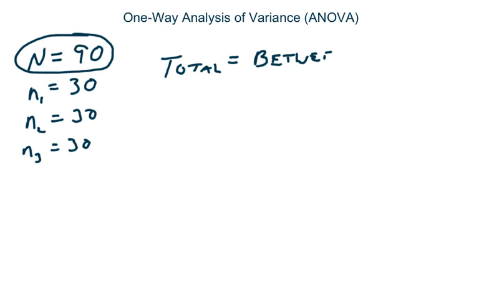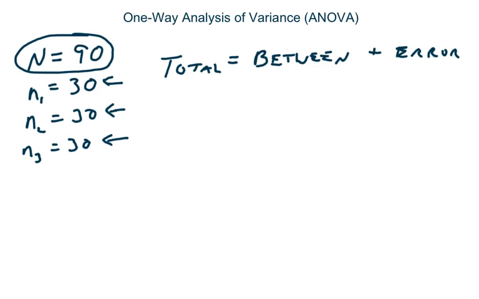That is any effect of our manipulation, our independent variable, how we treat group 1 different from group 2, which is treated different from group 3. That would be between groups variability, plus error. And error, as we discussed earlier, is just individual differences, difference from one person to the next.